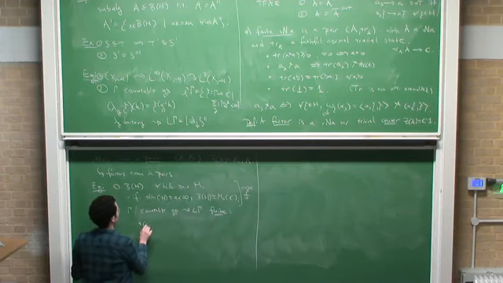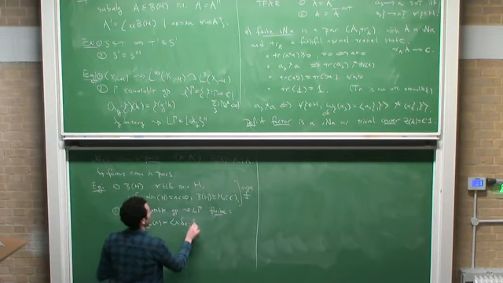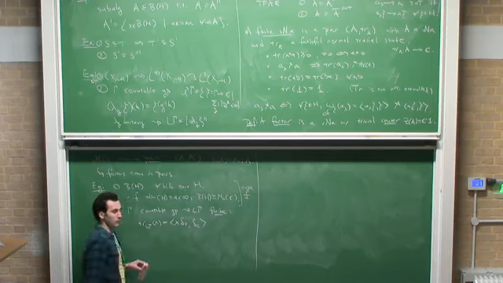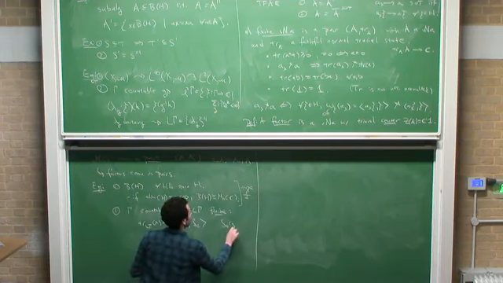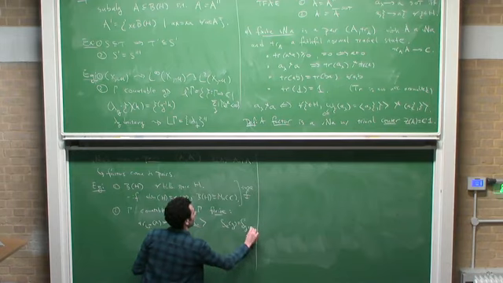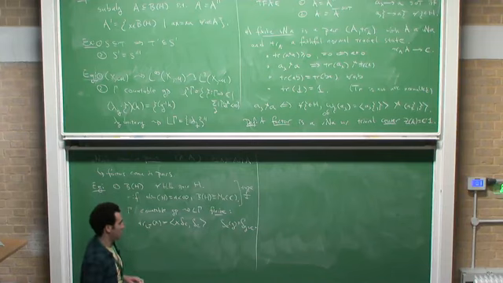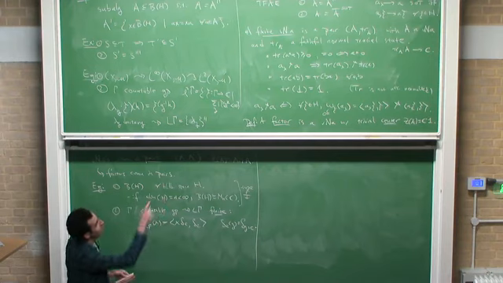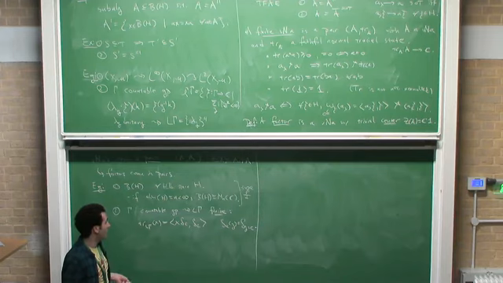What's the trace on L gamma? I use the vector state given by the indicator function at the identity. So the trace of x is the inner product of x delta e with delta e. This defines a trace that is easily seen to be faithful, normal, tracial, and a state.